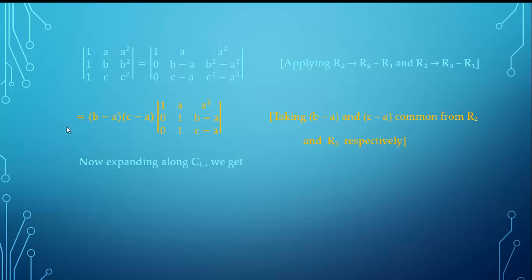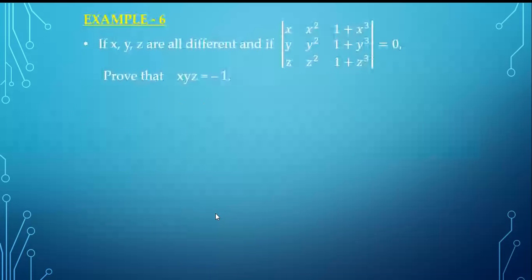Now expand along C1, and it becomes b minus a times c minus a. According to the first element, when we expand this, it becomes c plus a minus b plus a. So now we have b minus a, c minus a, c minus b, right? So now this determinant's value is a minus b, b minus c, c minus a.